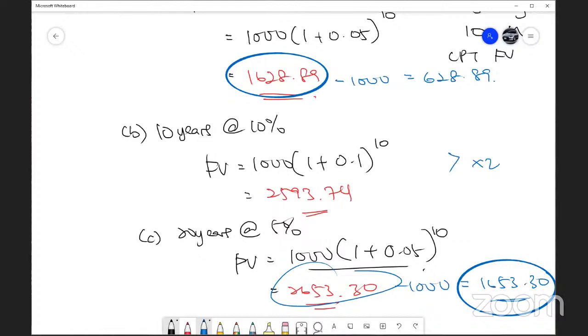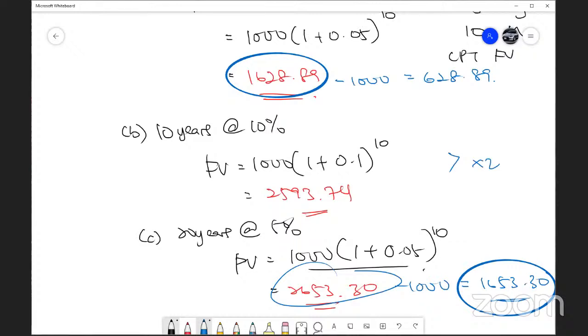Okay, so the question says why the interest earned in part C is not twice the amount earned in part A. Very simple, because the final answer is inclusive of the initial investment. So the exact one, it should be counting the earnings based on interest only. So this is 628.89 versus 1653.3. Okay.